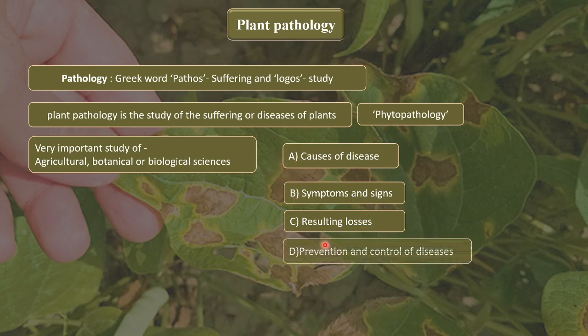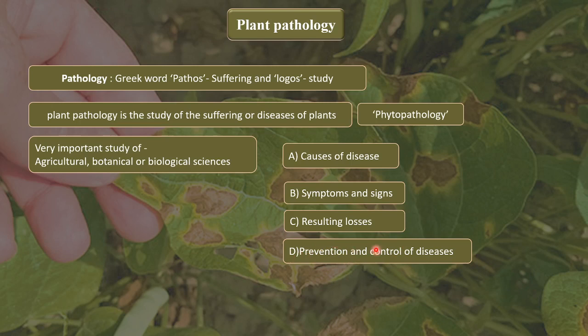And once we know that because of these causes and symptoms a particular kind of losses are happening, then we can identify the prevention and control of these diseases. So how we can prevent the diseases or how we can control the diseases can be identified.